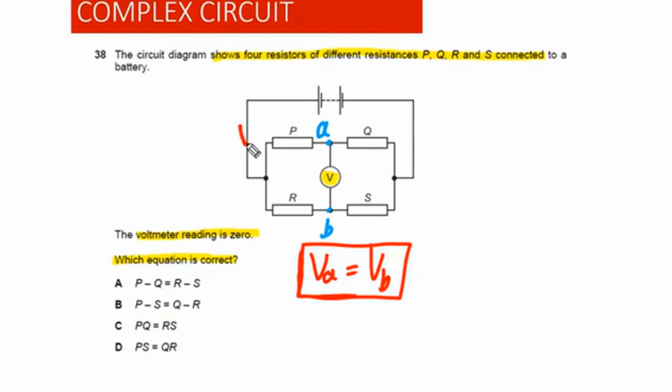Now, let's say the current coming from this battery is I, and at this junction, current I will split into 2 parts.